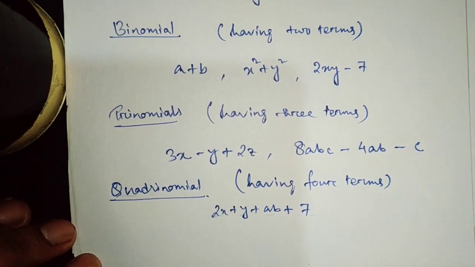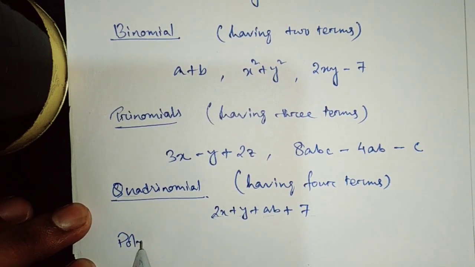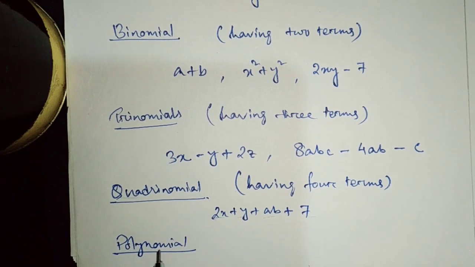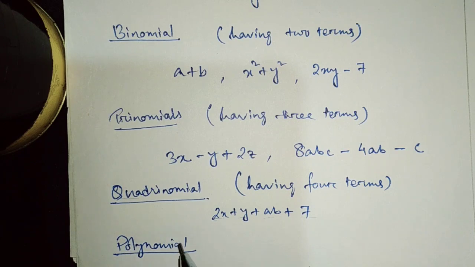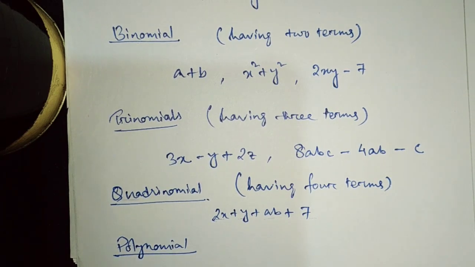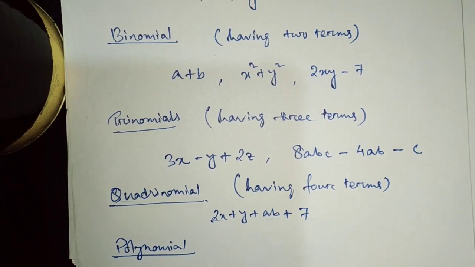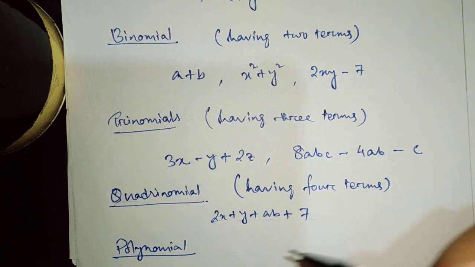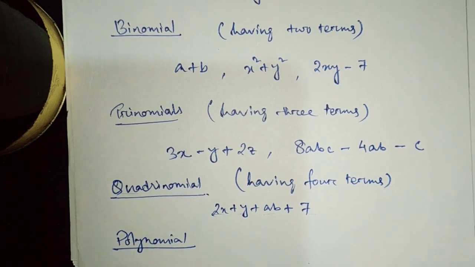Lastly, polynomial. Poly means many. So polynomial may take any number of terms. It just has to be more than one. It can have two terms, three terms, four terms, as many terms as you may like. Okay.